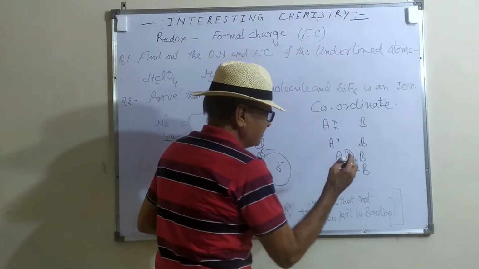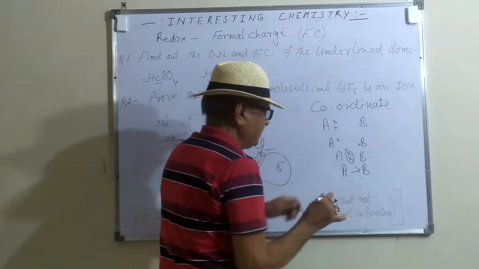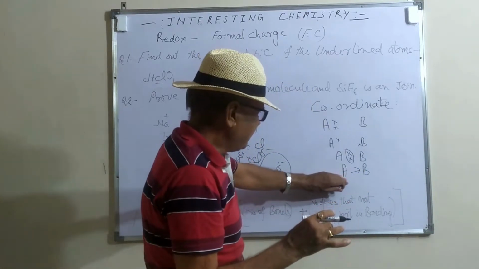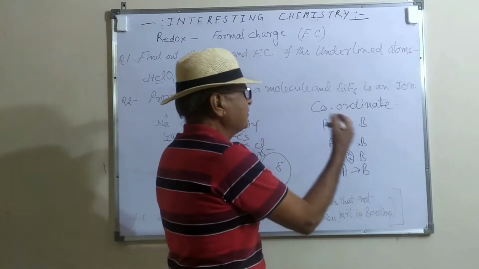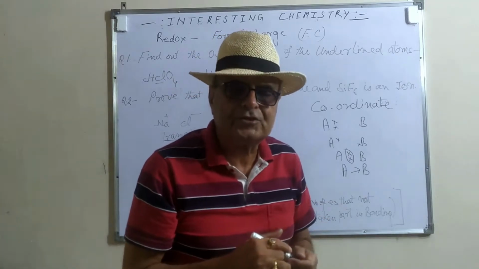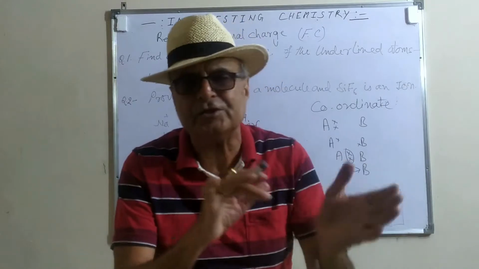So you will show this bond in this way. This shows that A donates an electron pair to B, and then they form a bond with each other.